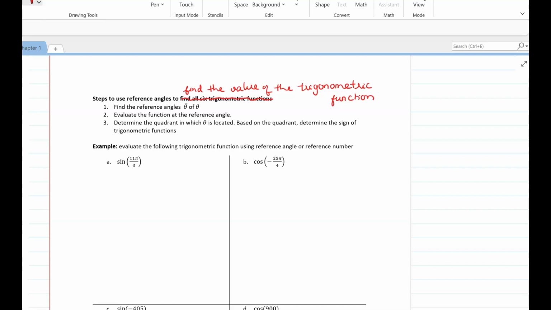First, we'll find a reference angle or reference number. Evaluate the function at the reference angle or reference number. Then we determine the quadrant in which theta or t is located. Based on the quadrant, determine the sign of the trigonometric function.